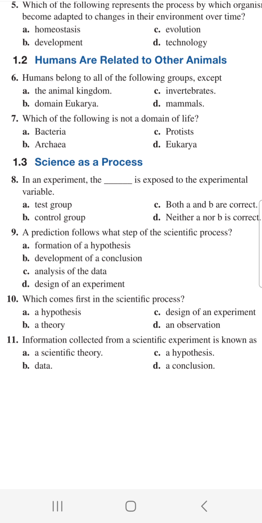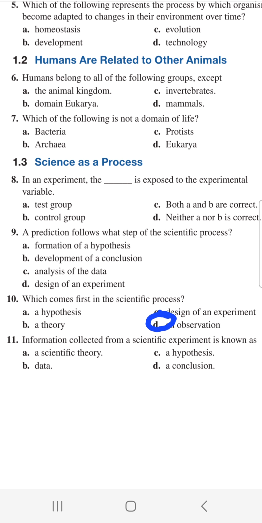So which comes first in the scientific process? You have to make an observation about something, for example about the nature of light, or about how penicillin stops bacteria. You have to see that something is happening and ask, why is that happening? And then hypothesis, and the list goes on.